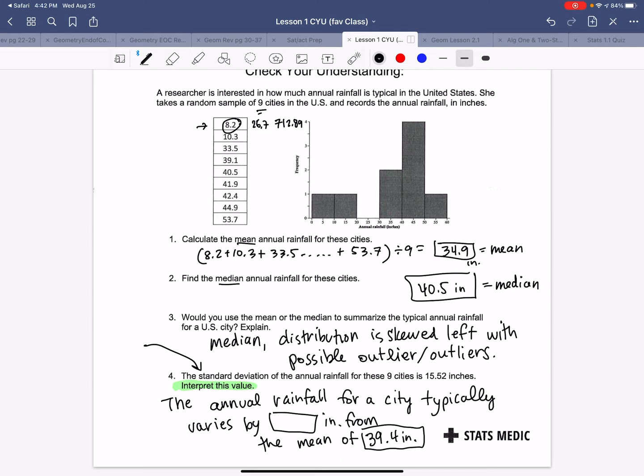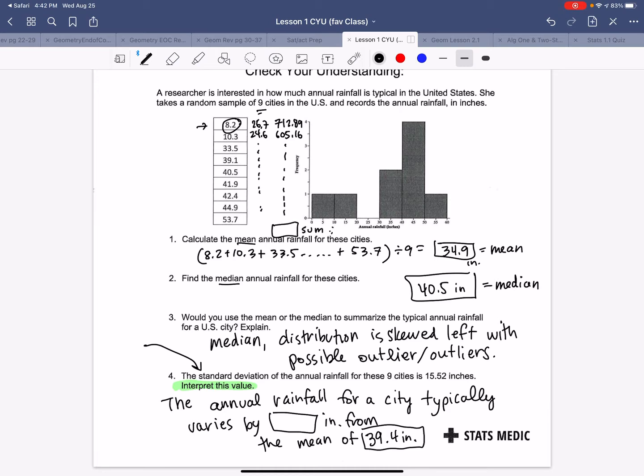Minus 34.9, 24.6, and we're going to square it. And we're going to keep going until we get our final answer. Then we're going to add it up and get our sum.